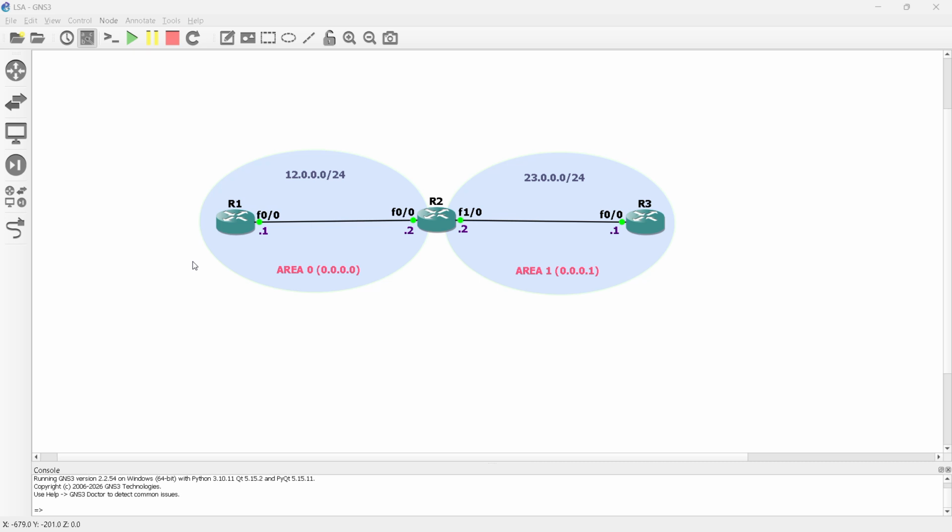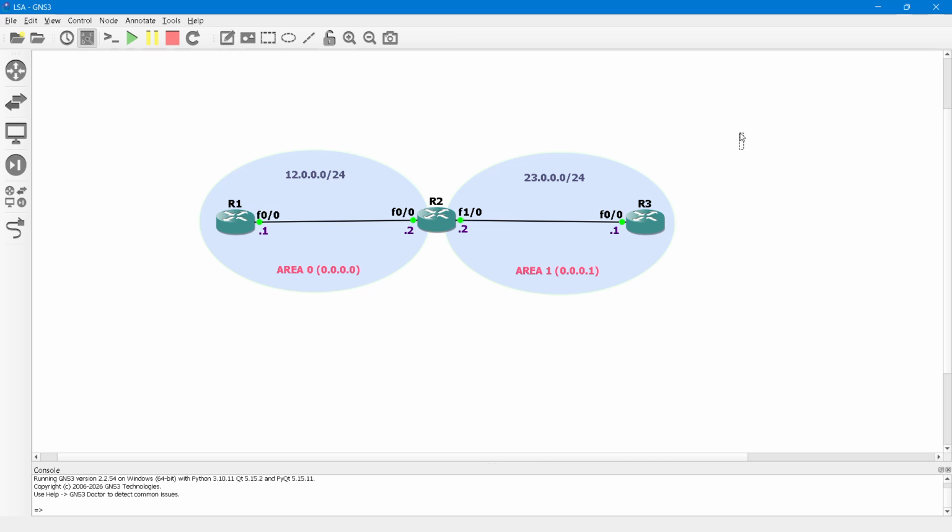Before understanding this, let's understand how we will configure these different areas. Let's suppose we are configuring R2. I'll go to routing configuration mode and give the network command.